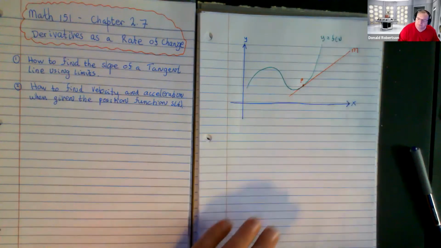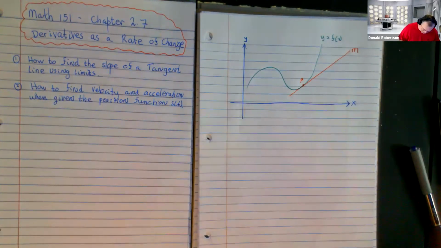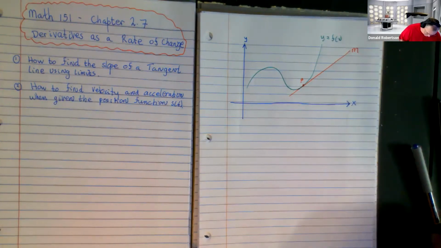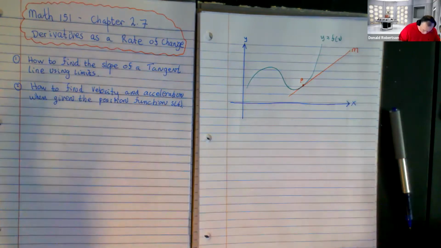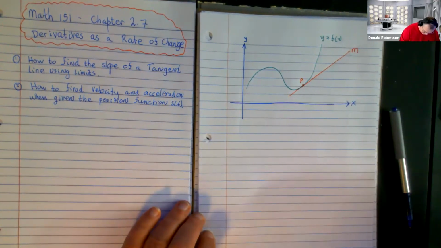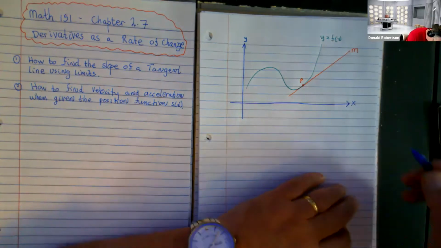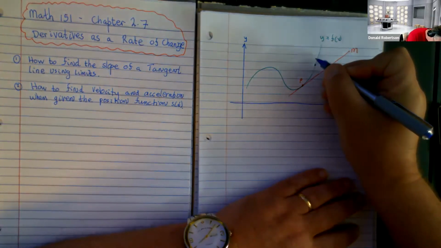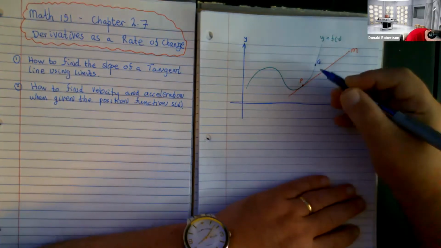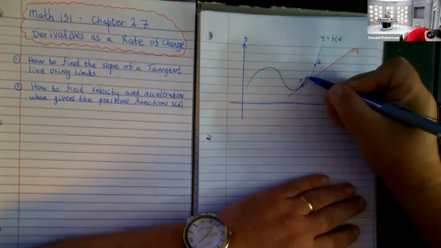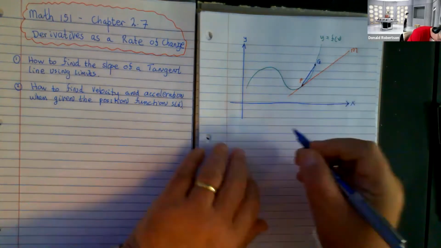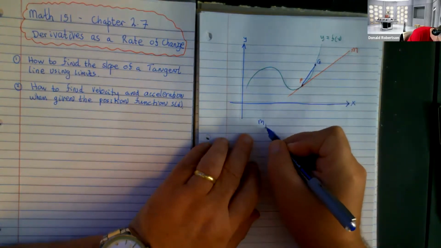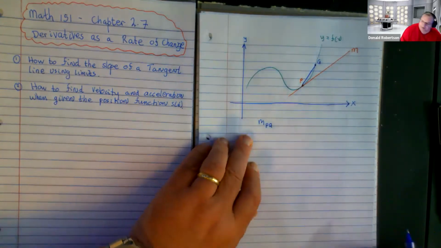We'll call it m, right? I want to find the slope of that line. Well, what we would typically do is we'd find another point on it. Let's call this point Q. And we'd find the slope of not the tangent line, but the secant line, PQ. Remember that guy?